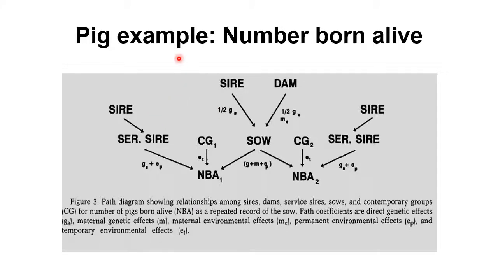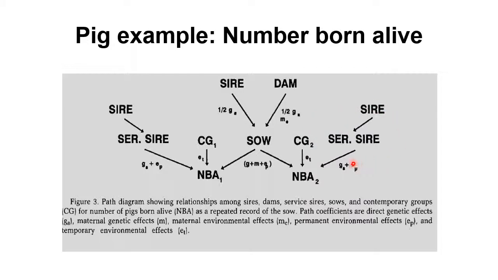This is a very complex model for pigs, for example, where a trait of interest is number of piglets born alive. I'm not going to go through this, but you will see that even the service sire will have an effect on the number born alive, simply because it might have an effect on the number of oocytes that the sow will produce at serving due to the environmental effect of that specific service sire.